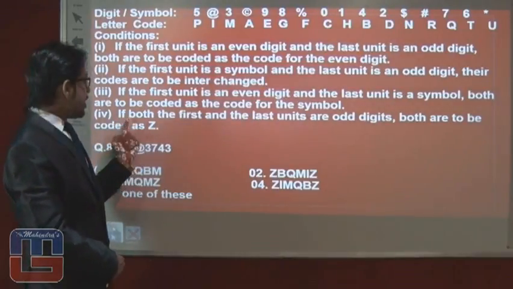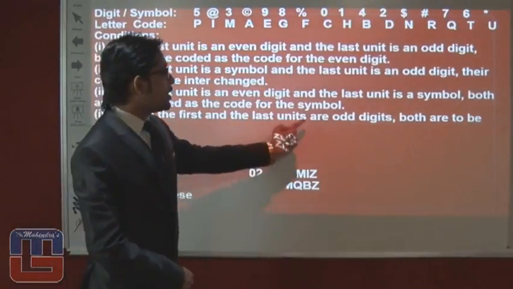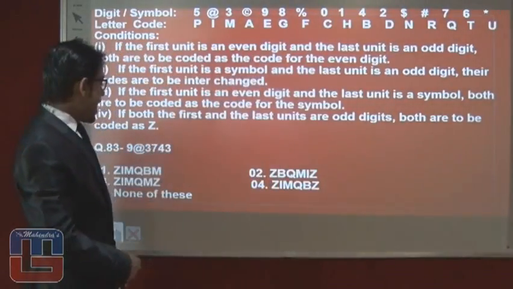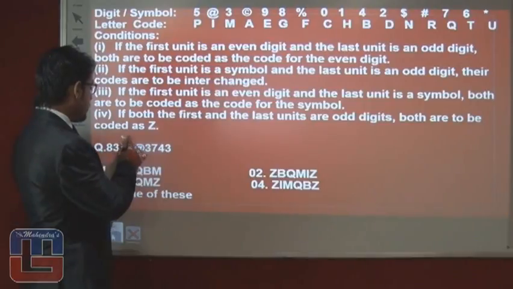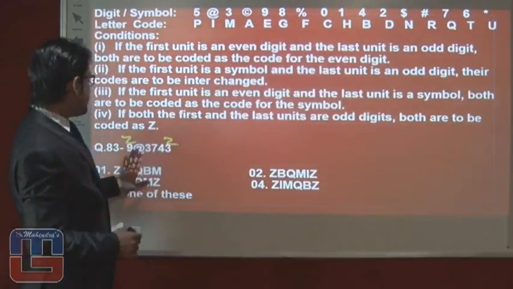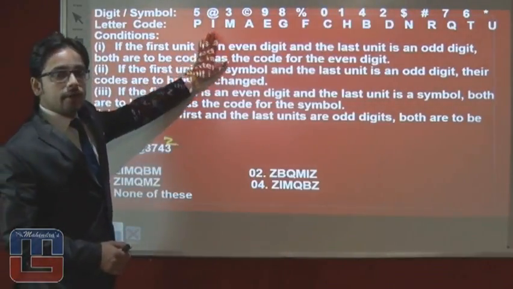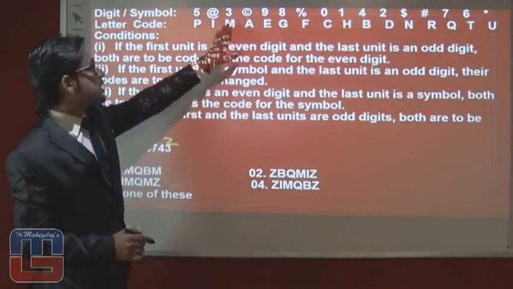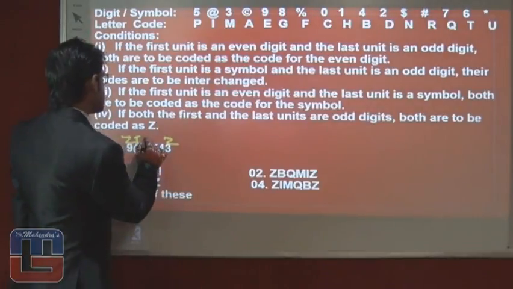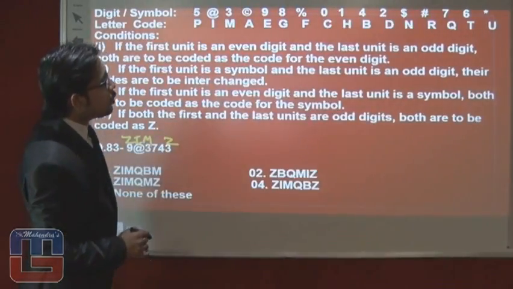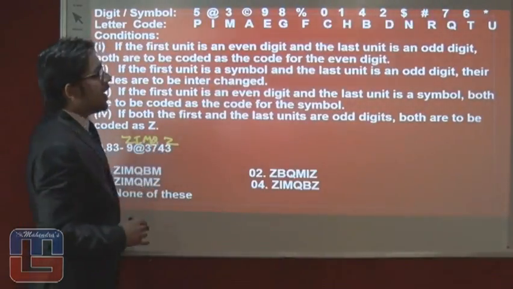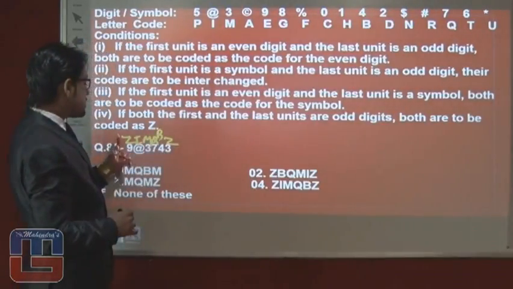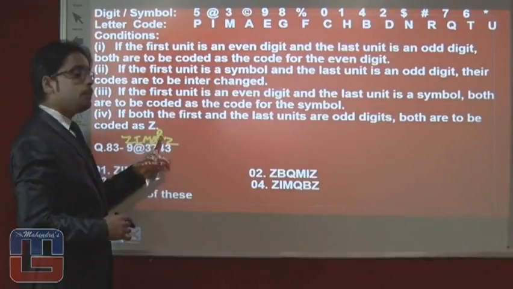If both the first and last unit are odd digits, then both are to be coded as Z. So we have to code 9 and 3 as Z. Code for @, you can see over here, I represents @. Code for 3, you can easily see here, 3 is for AM, and for 7 the code written over here is Q, and code for 4 is B. So the right answer of this question will be ZIM QBZ.